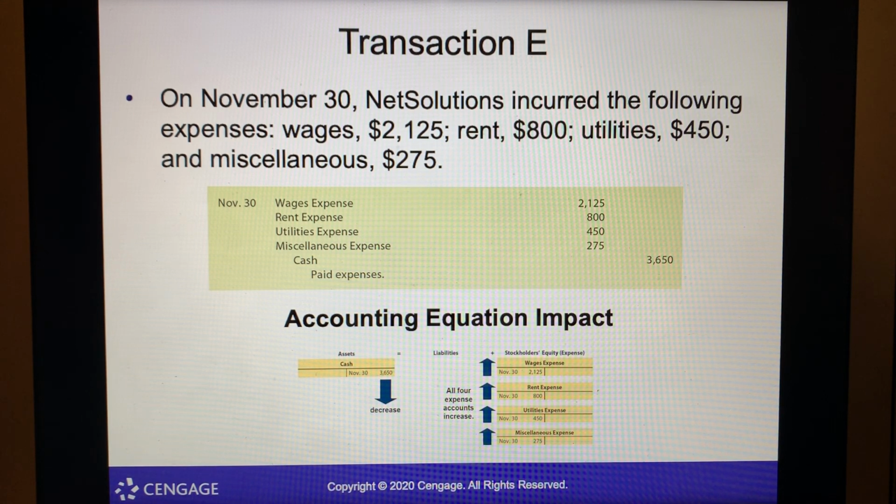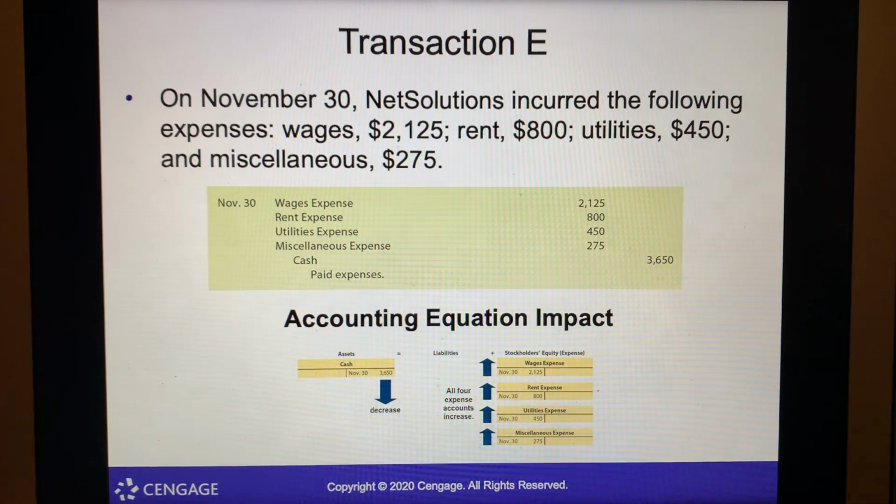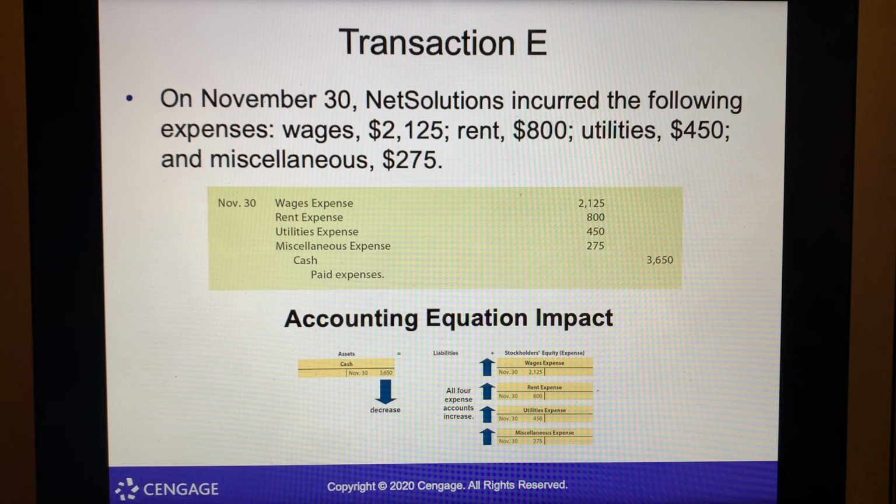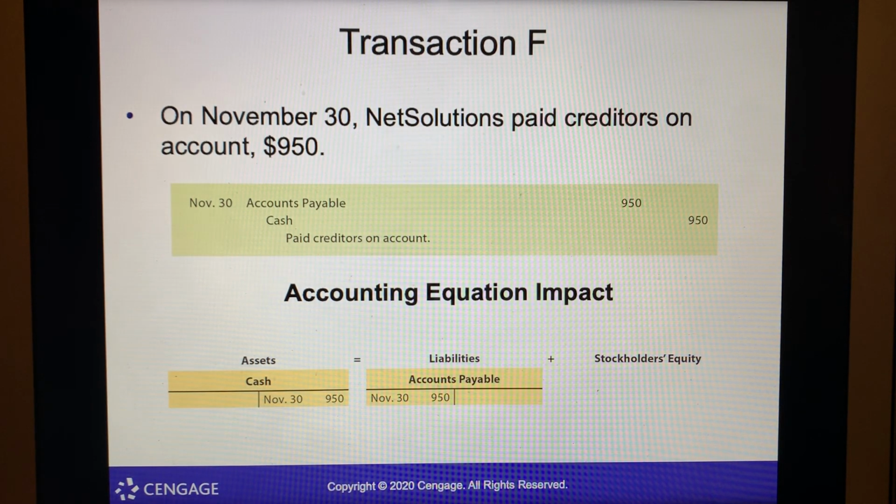And don't forget, the 2,125, 800, 450, and 275 have to equal that 3,650. If not, there's something wrong. So then right below it, you write pay expenses. So I'm assuming you paid all your bills in one day. That's why they're all listed together. Okay. And then over on the bottom, it just shows the accounting equation and its impact.